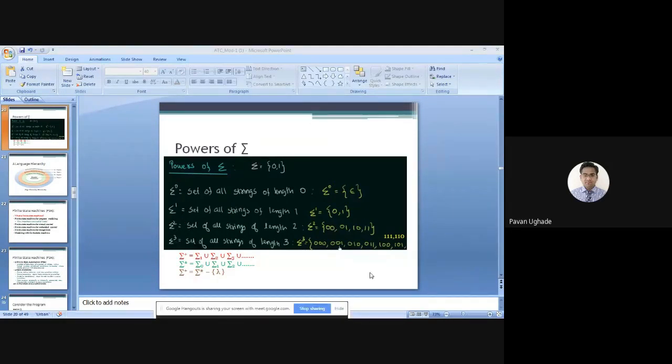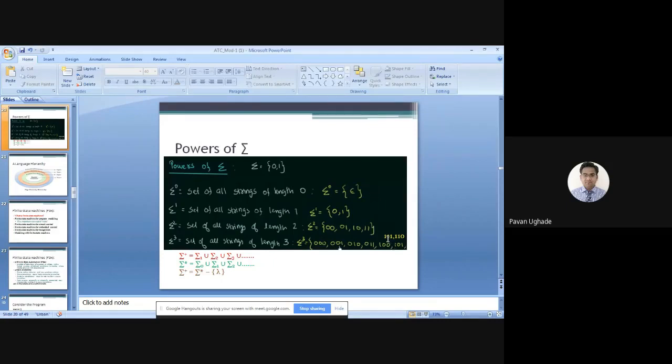Is there any formula that you may be getting with this? If I say sigma to the power 1, it will be 0 and 1, so 2. Sigma power 2 means there will be 4, sigma power 3 means 8. Sigma power 0 is 1, one string is possible.